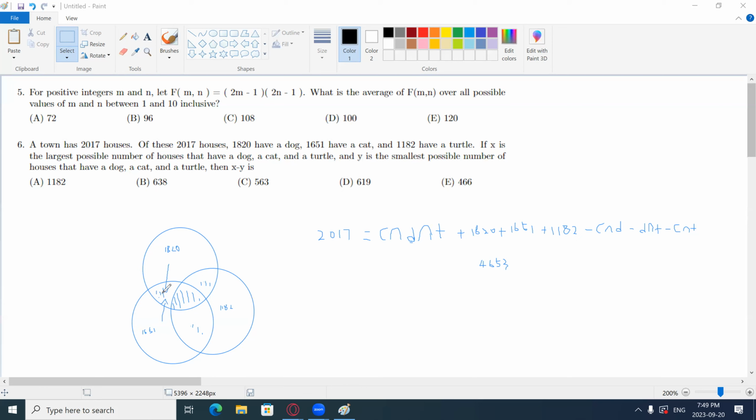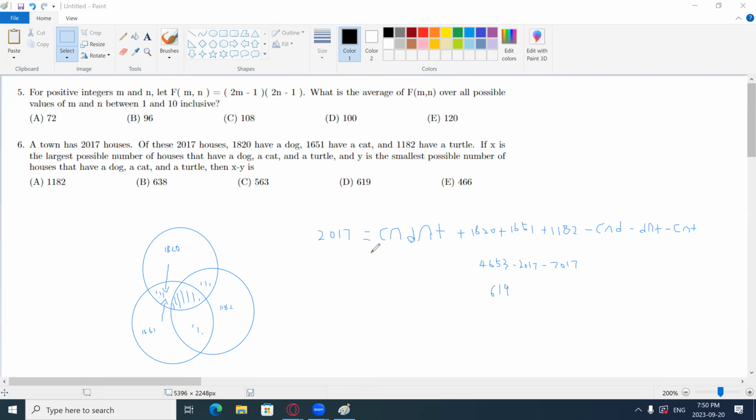So let's say at maximum there are 2017 houses in all three of them combined. We will subtract 2017 two times because we're overcounting it once. Then we will still have 619 houses left over, because we can't fit all of them in here.